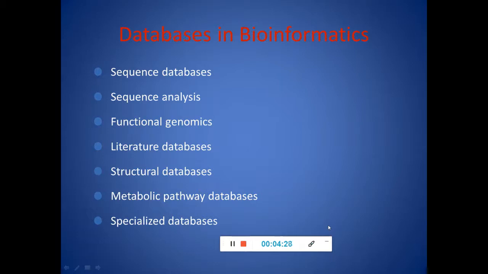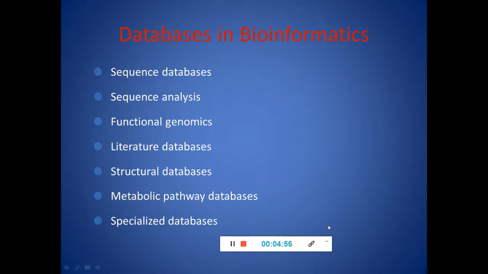So, if you consider a database, it's a storage space for lots of information, and since so much data is being stored using computers, we have to use the term bioinformatics here, because the biological information is being stored in a computer-aided database.